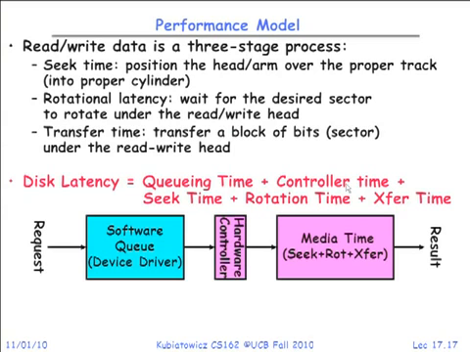Okay, so these 5 terms are a very reasonable model for how the disk is going to perform, with the one question: how the heck can I model the queuing time when it's some really complicated function of the way the software is written? Okay, so you could see that maybe these 4 are somehow deterministic, but this queuing time seems like almost wishful thinking that we could go after it.